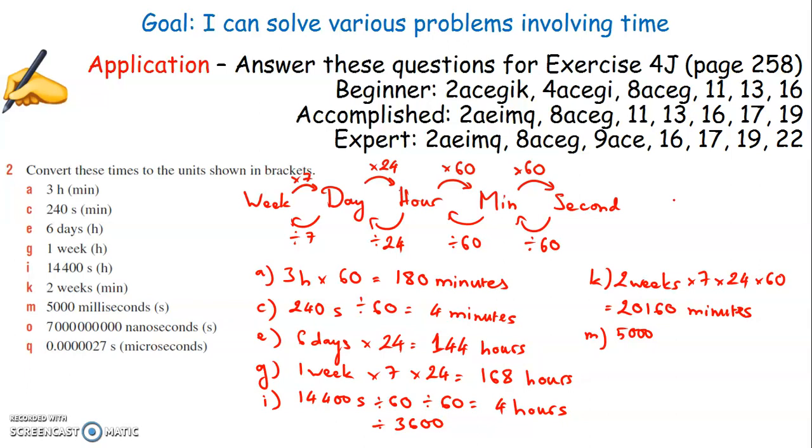Now, 1 second is 1,000 milliseconds. So to go from millisecond to second, we are going to divide by 1,000, and we should get 5 seconds.